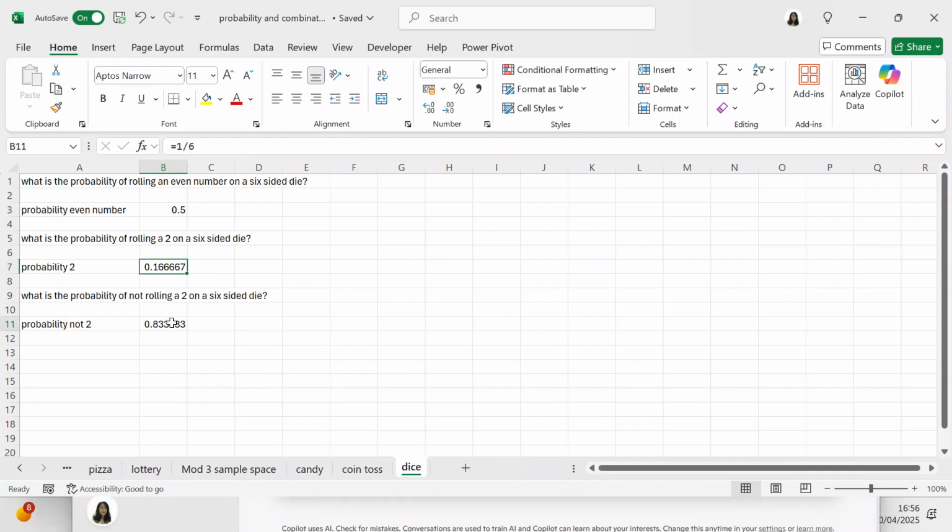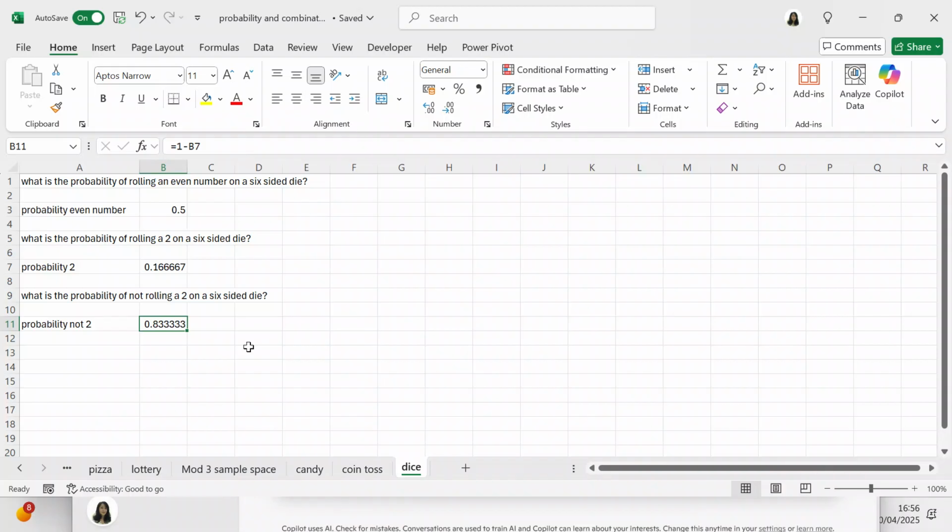What is the probability of not rolling a 2 on a 6-sided die? So there's 2 ways that you can do it. I'm going to show you one way. The probability of not rolling a 2 is going to be 1 minus B7. So it's going to be 0.8333. But if you said 5 divided by 6, that's also going to be 0.8333. But I think what they want when you're calculating probability is they would rather you say 1 minus B7.